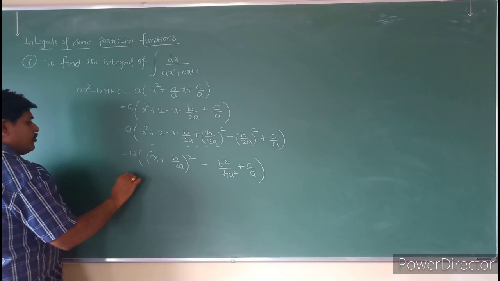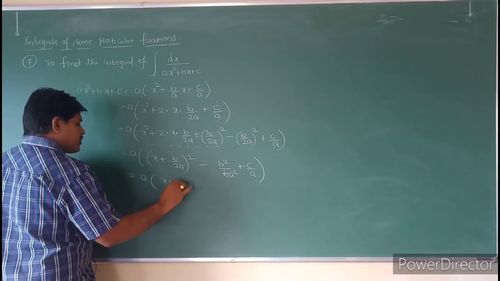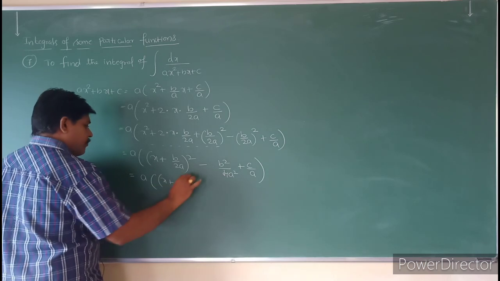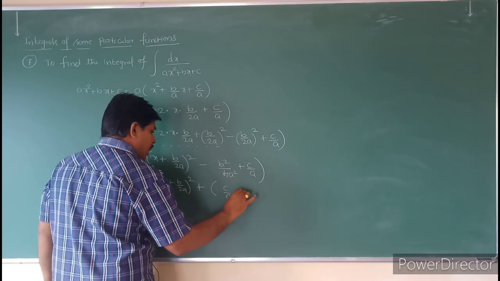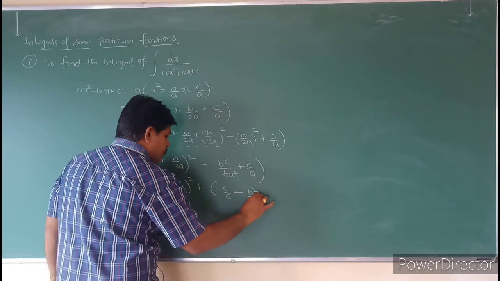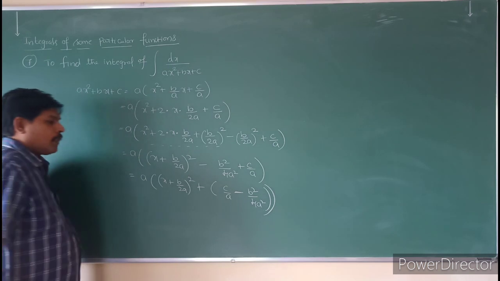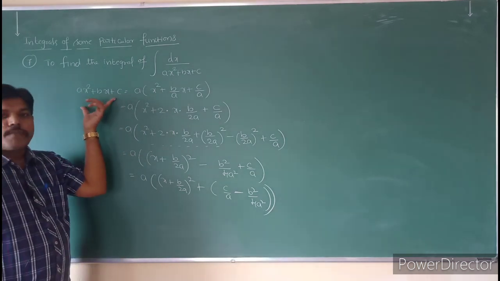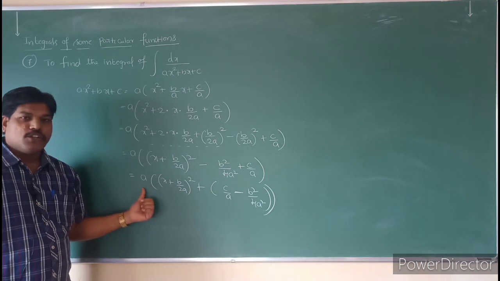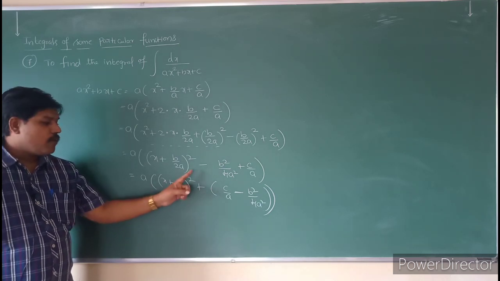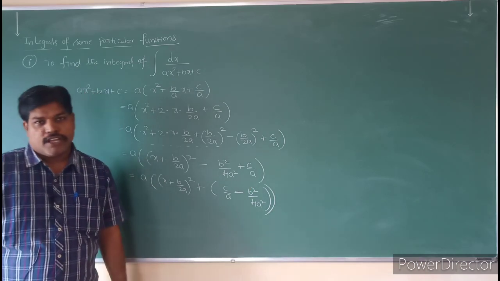So this value can be written as a into x plus b by 2a whole square plus c by a minus b square by 4a square. So this ax square plus bx plus c I have converted into the form of a into x plus b by 2a whole square plus c by a minus b square by 4a square.